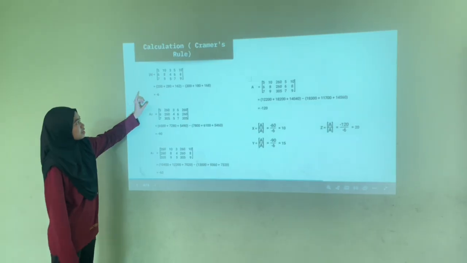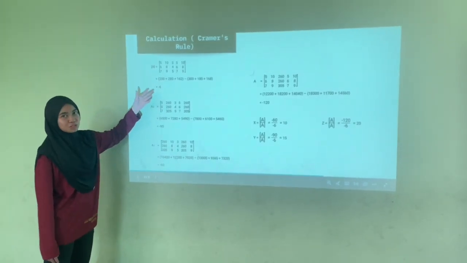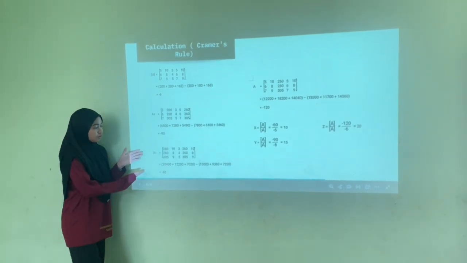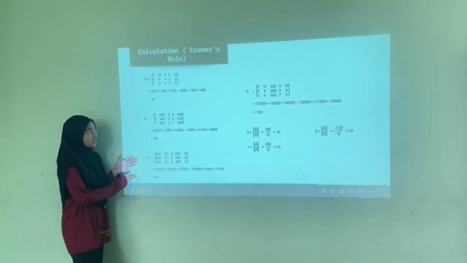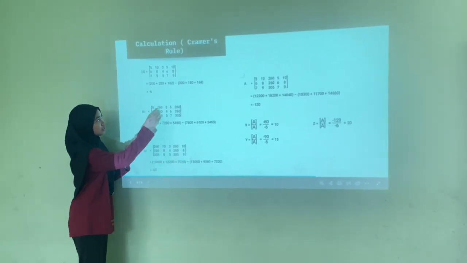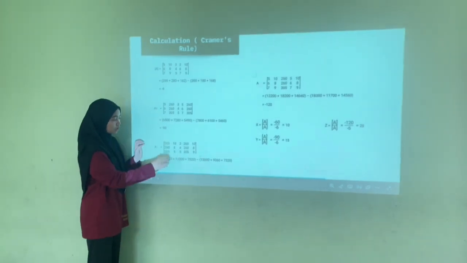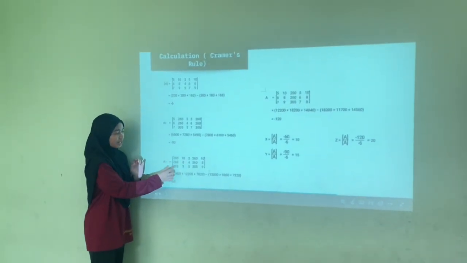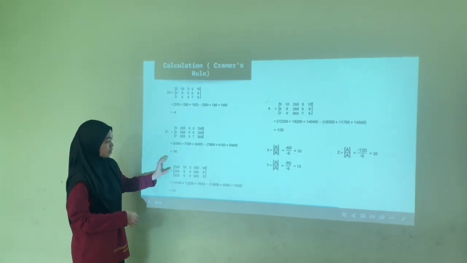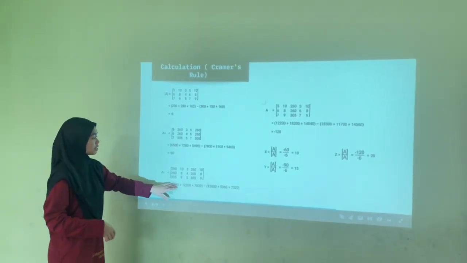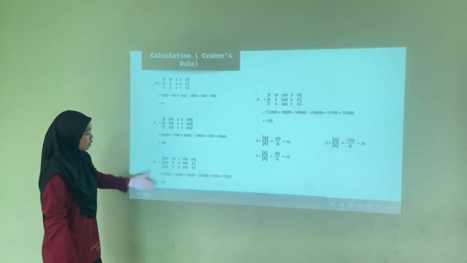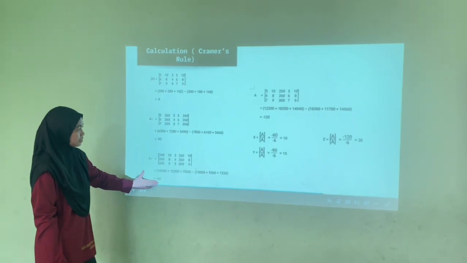determinant A, like the usual determinant A, same as in the inverse method. Then we find determinant A1. For A1, we take the value of the total cost and put it in the first column, and then we do the same as for determinant A. So we got a total of negative 60.